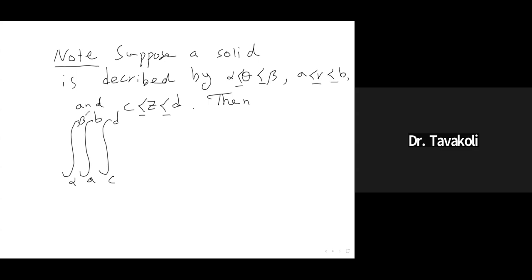Usually the function that we have, let me call the function G, will be in terms of theta, R, and Z. And then we have, similar to the triple integrals for the Cartesian case, dV, the infinitesimal of the volume.